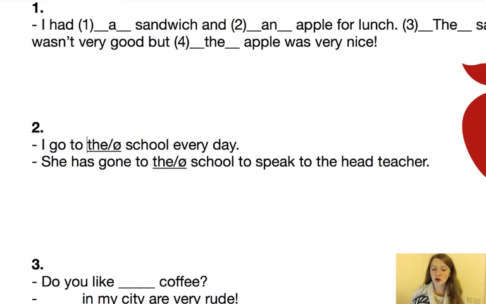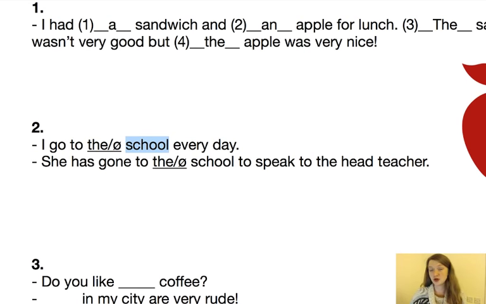I go to the school every day, or I go to school every day. Do I use the article the school or not in this case? What do we think? I go to the school every day, or I go to school every day. Do I use the article or do I remove the article with school? What do we think? Any ideas?